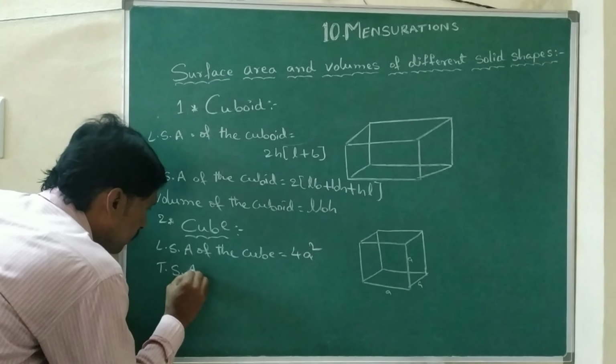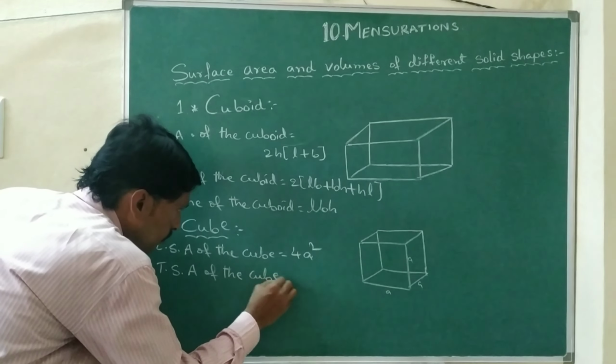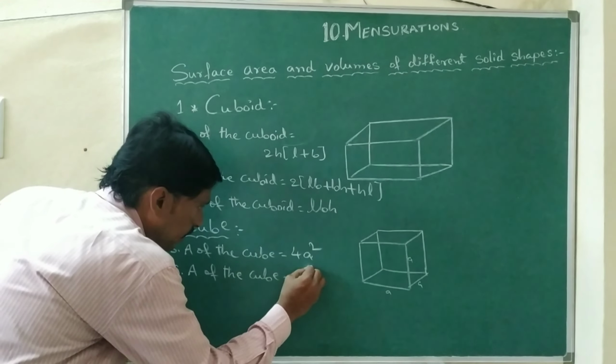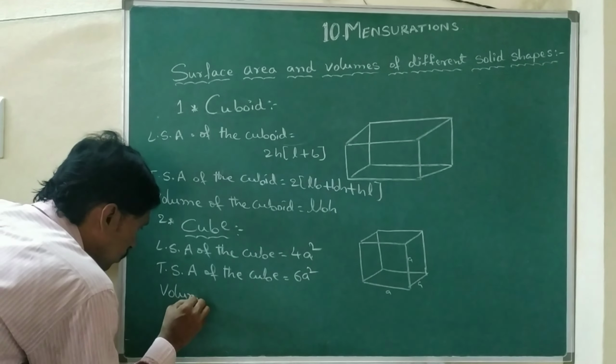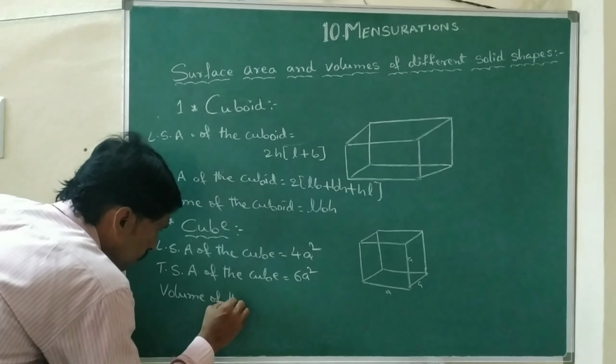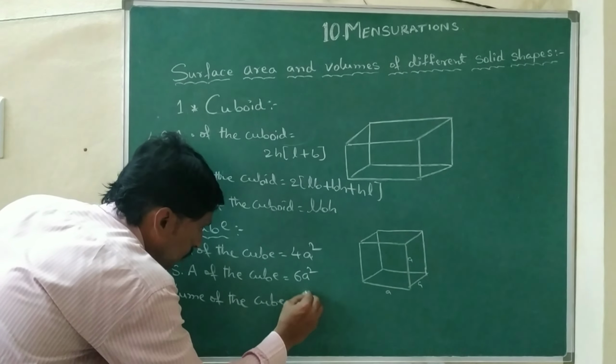Total surface area of the cube equals 6a square. Next, volume of the cube equals a cube.